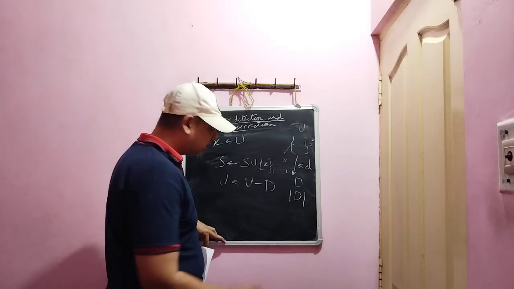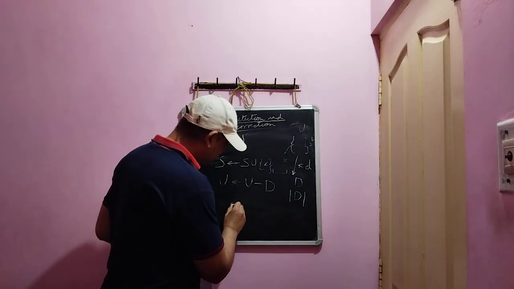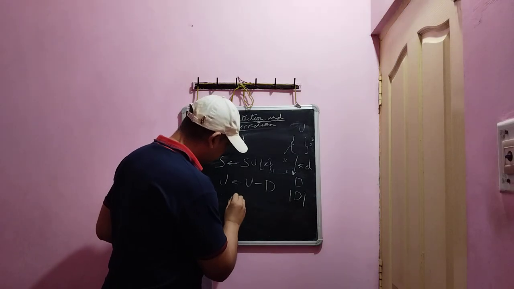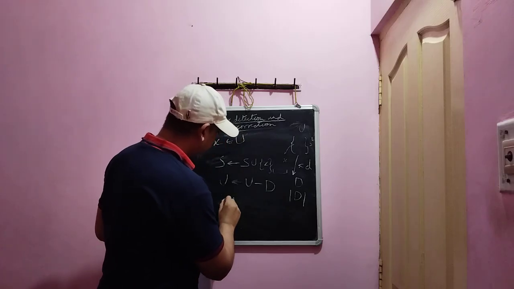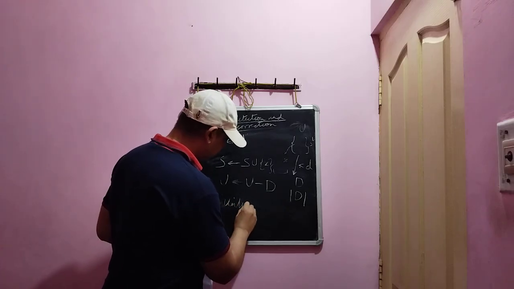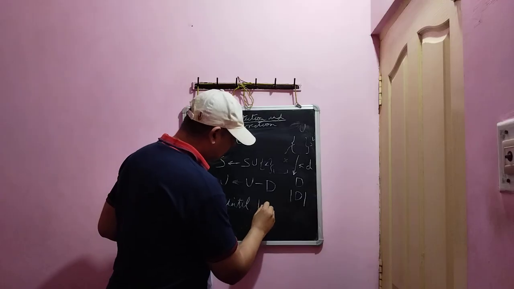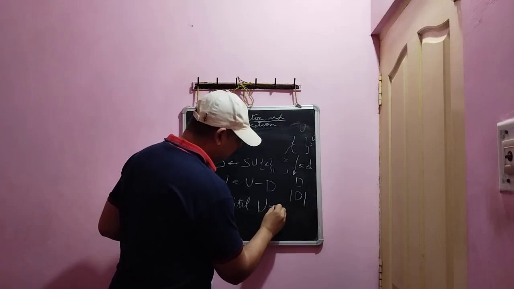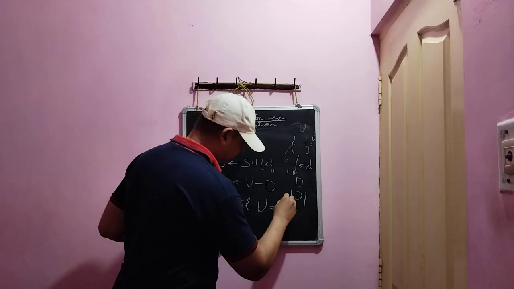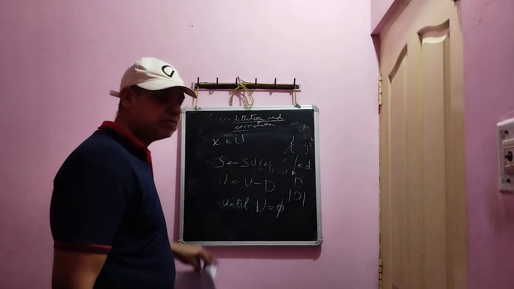Then you will be left finally with U equal to the null set. U becomes empty.